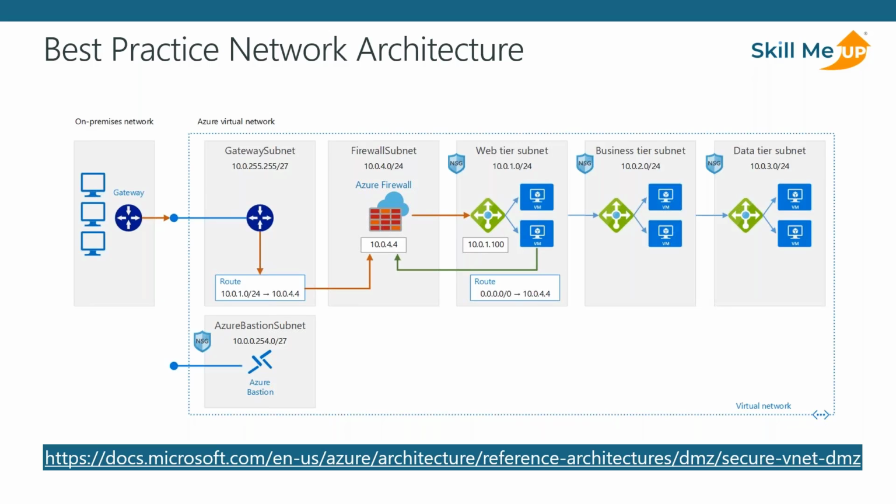Again, all these load balancers are balancing traffic between multiple virtual machines. And then down here, we have our Bastion subnet, which is our management access from our on-premise network into our environment to be able to manage our virtual machines.